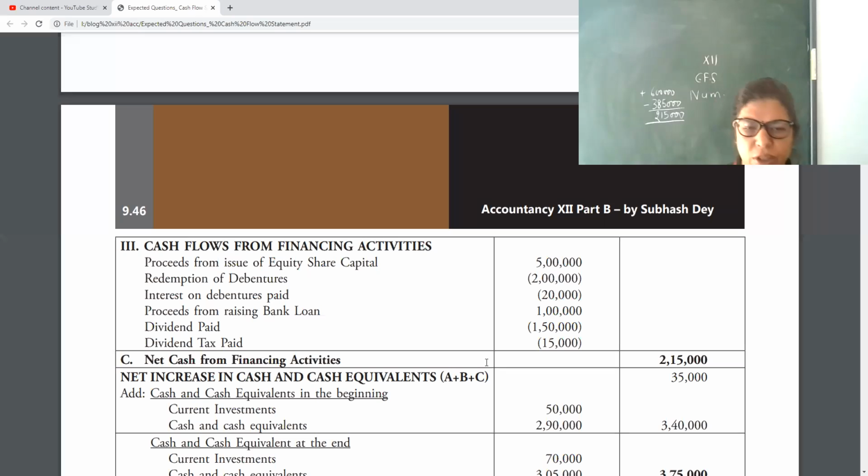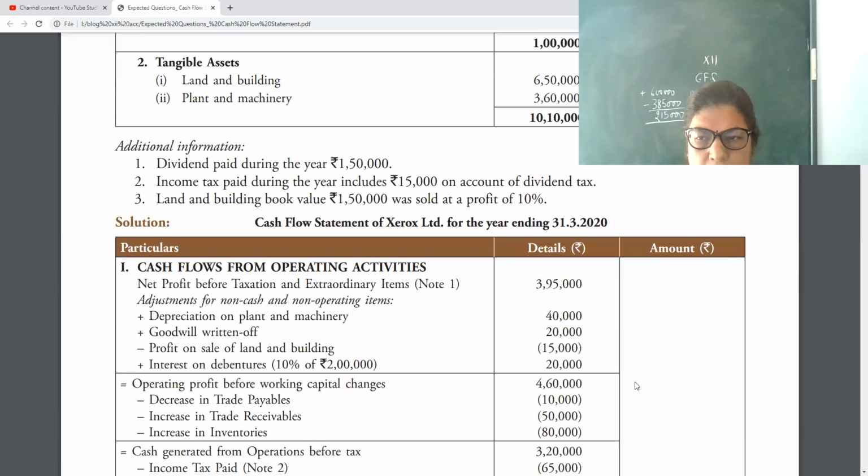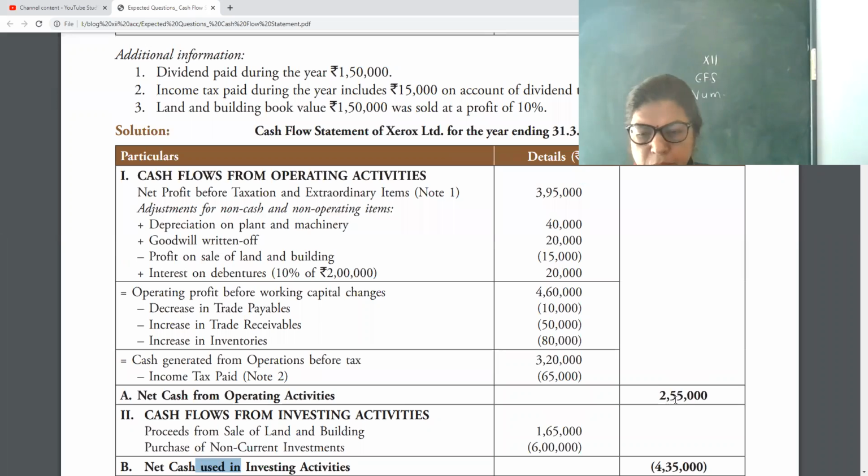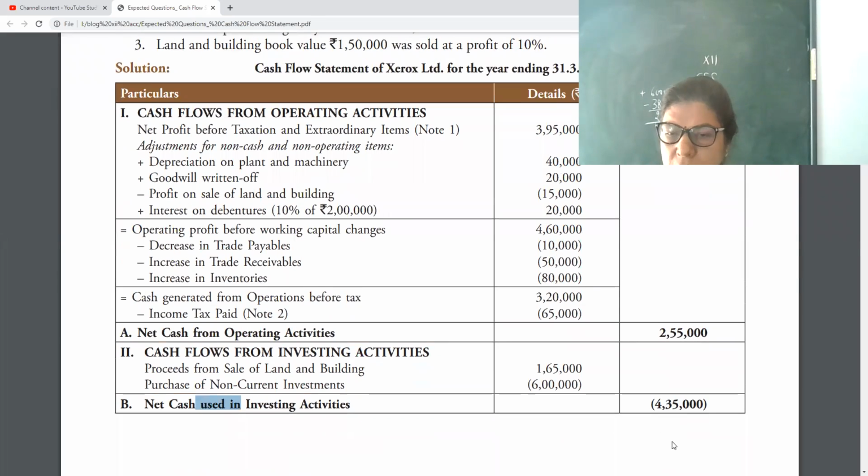Positive 2 lakh 15,000. If the answer is positive, we can write net cash from financing activities 2 lakh 15,000.